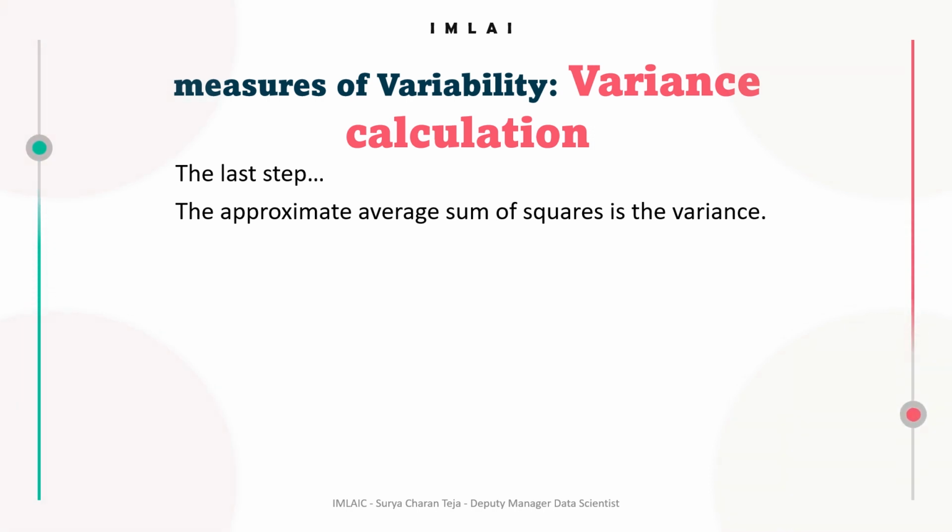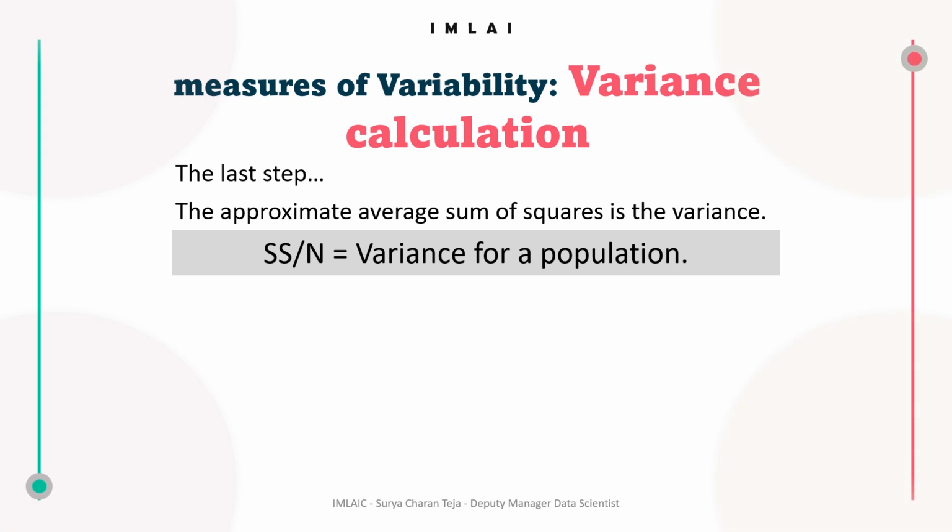So we have seen the four steps. The first step is calculating the deviation. To suppress the negative deviation, we use the squaring method, then we sum up all the squares, and finally you divide the sum of squares by the total number of observations or records. You will get your variance. The average sum of squares is your variance.